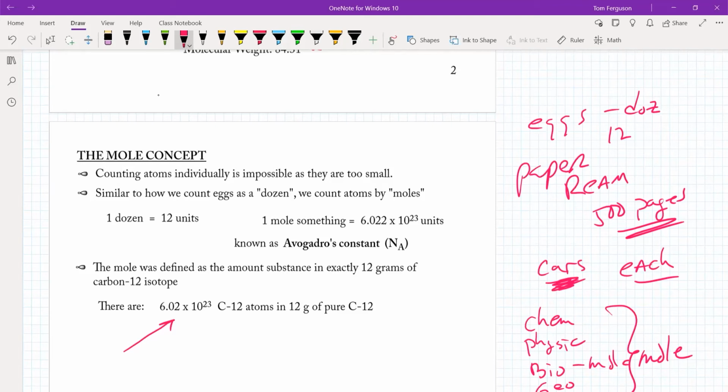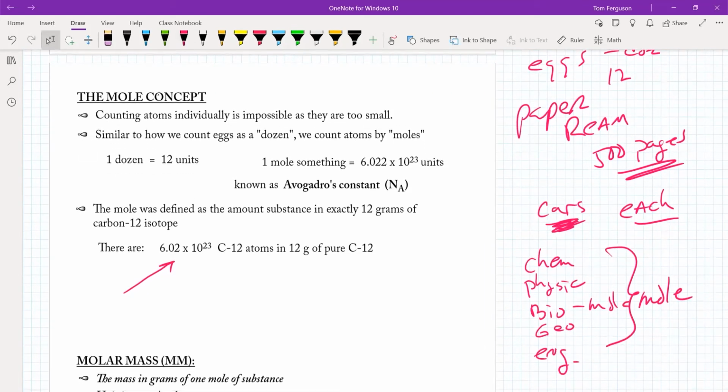That's why our unit in chemistry, physics, molecular biology, geology, and engineering is the mole, because in those disciplines we're talking about atoms and molecules, and they are small, so we want to use an appropriate unit.